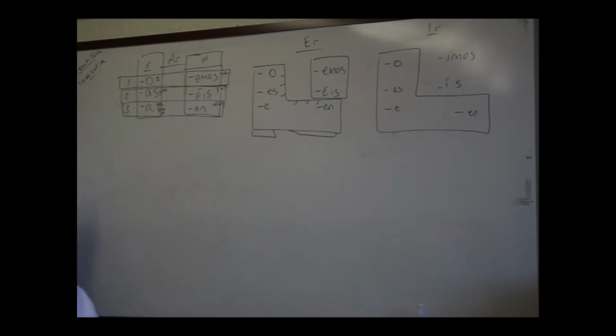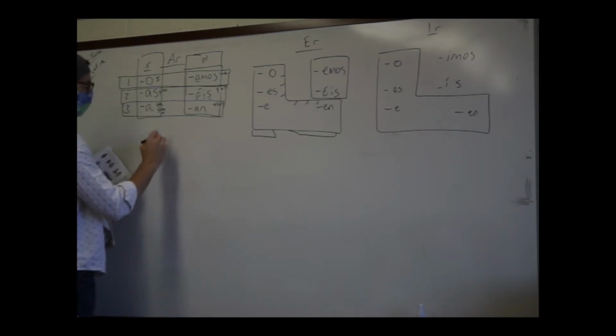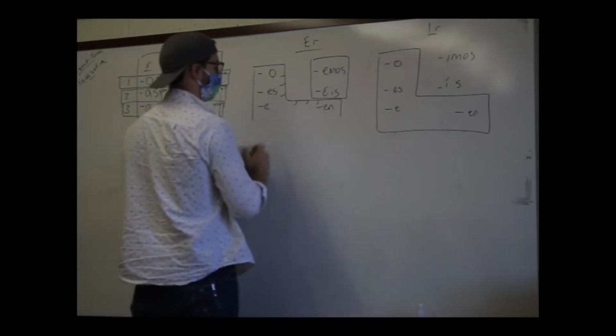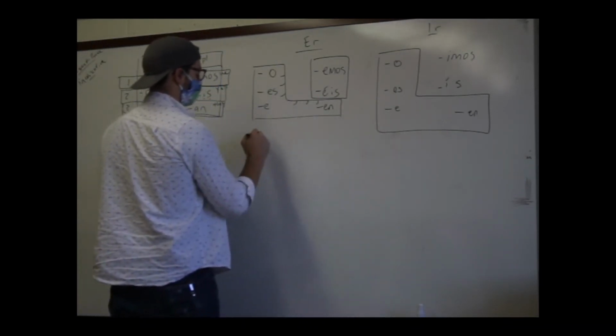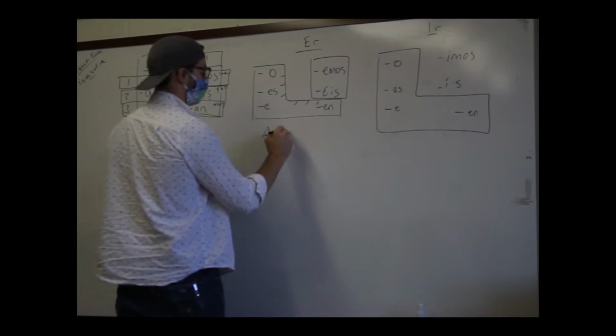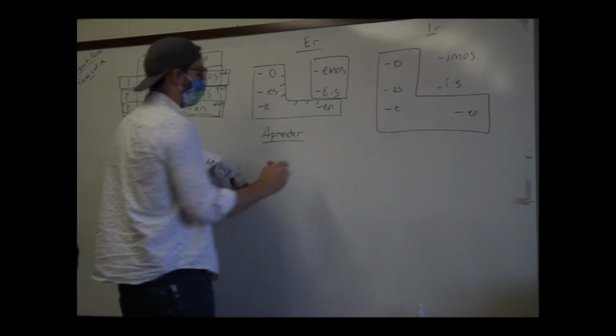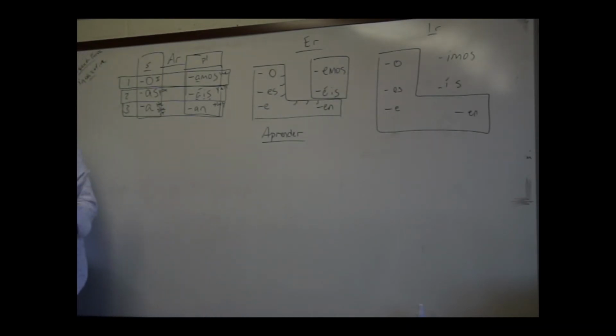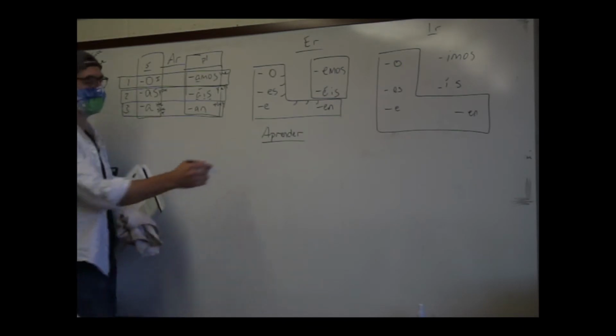So now, let's look at different verbs as an example. If you look on page 81, let's do aprender. So that means it is what? AR, ER, or IR verb? ER, right, because it ends in an ER.